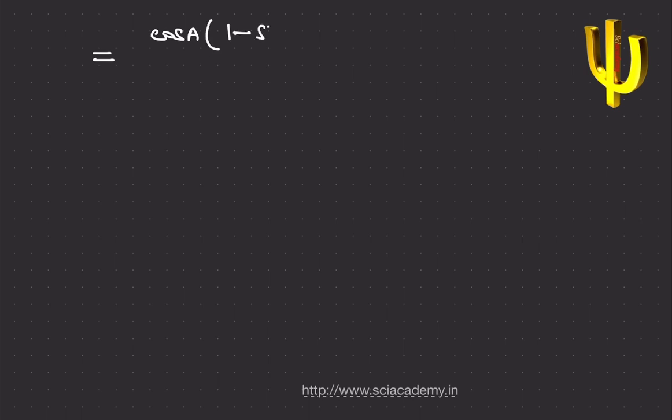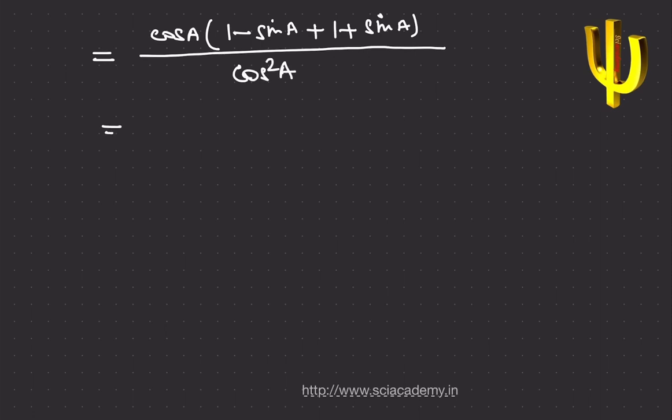So 1 minus sin A plus 1 plus sin A divided by 1 minus sin square A, which is equal to cos square A. That means this will cancel.